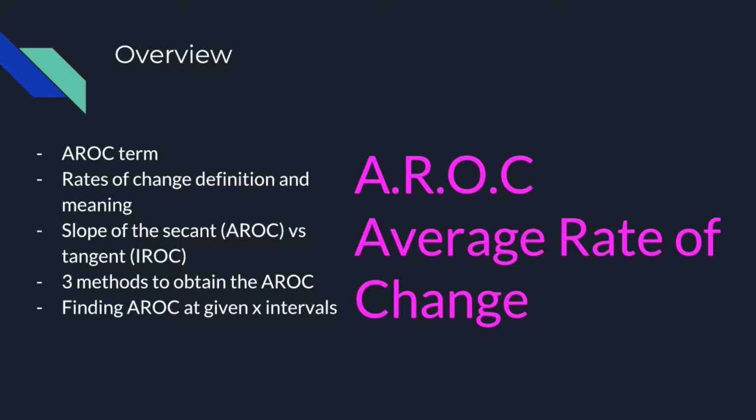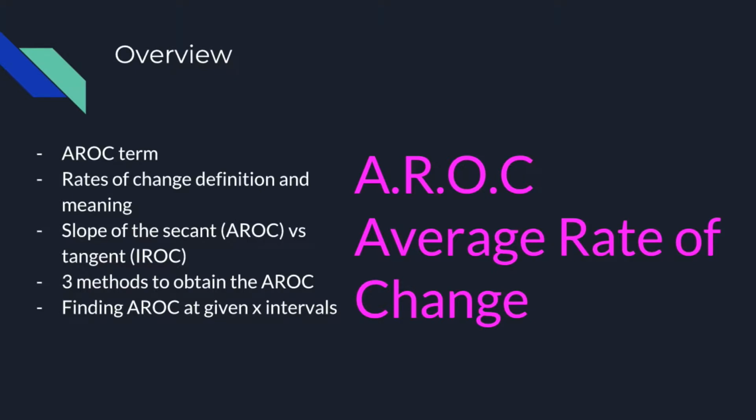In different situations, we can measure the rate of change over two specific points, which is average rate of change, or we can measure the rate of change at a specific point on the graph, which is instantaneous rate of change, which we would call IROC. However, in this lesson, we will be covering all of the three ways that you can measure AROC.